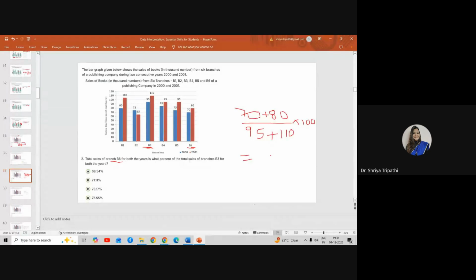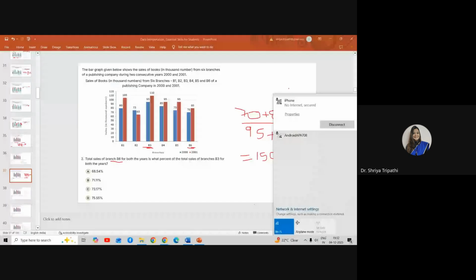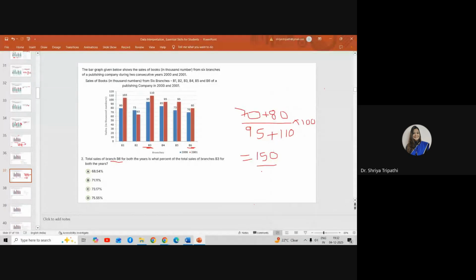Okay, Kalyani has answered C. 150 divided by 205.